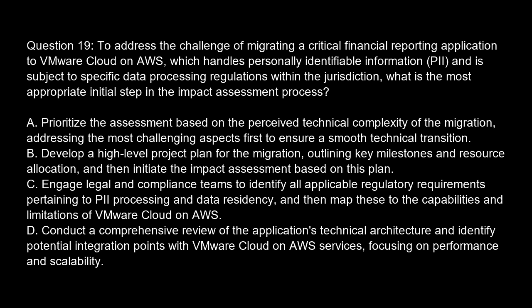Option C. Engage legal and compliance teams to identify all applicable regulatory requirements pertaining to PII processing and data residency, and then map these to the capabilities and limitations of VMware Cloud on AWS. Option D. Conduct a comprehensive review of the application's technical architecture and identify potential integration points with VMware Cloud on AWS services, focusing on performance and scalability.